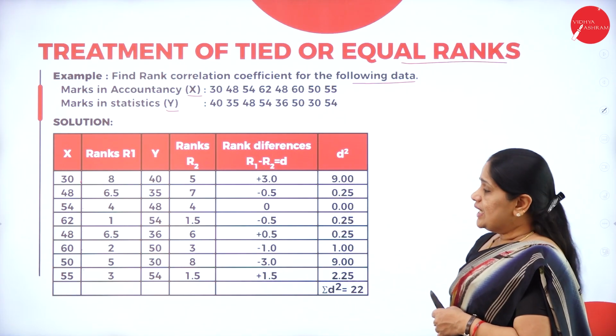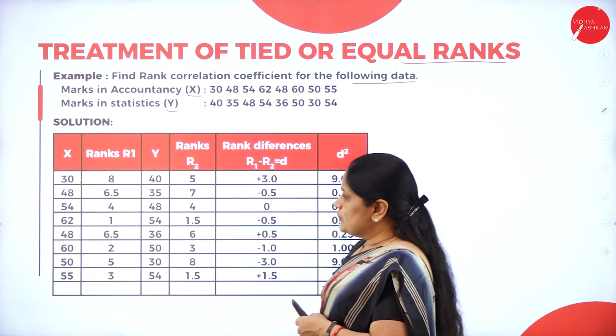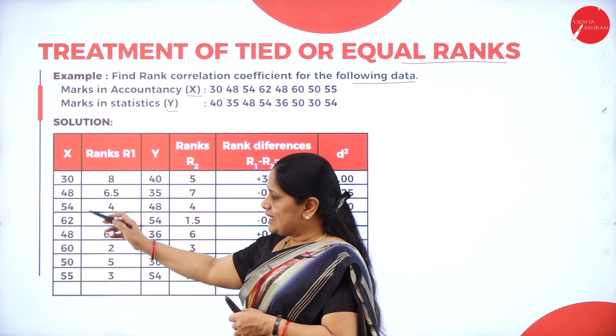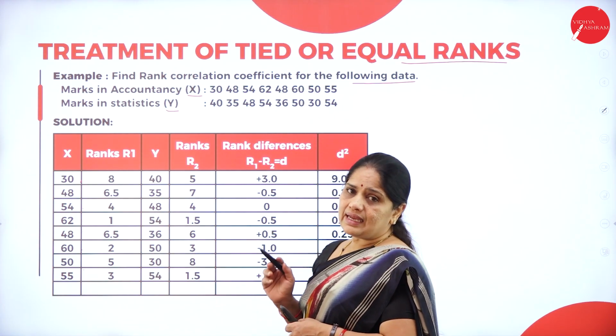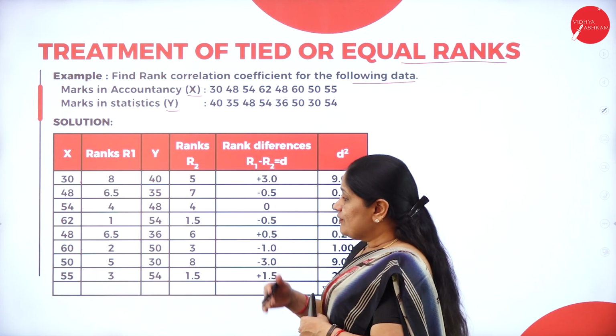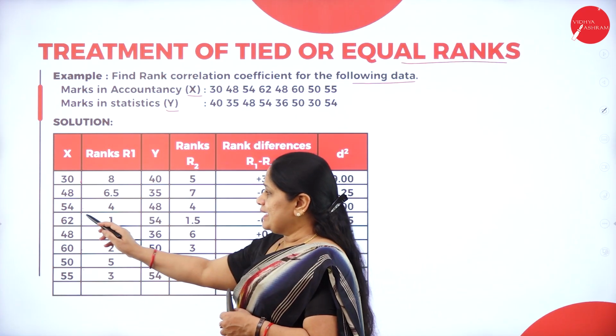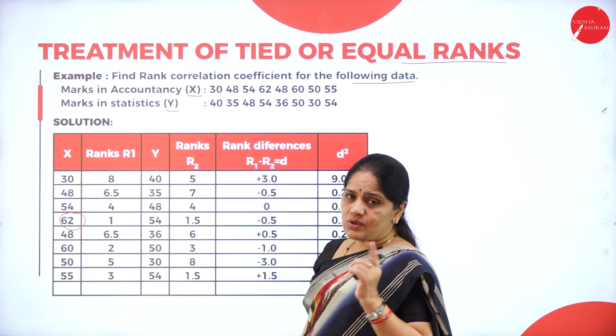Now, they have given us the marks of two subjects here. Now, what I do is, I can take either the highest ranking as 1 or the lowest ranking as 1. So, depending on your convenience, you can assume it. But for my calculation, I have assumed the highest score as 1.